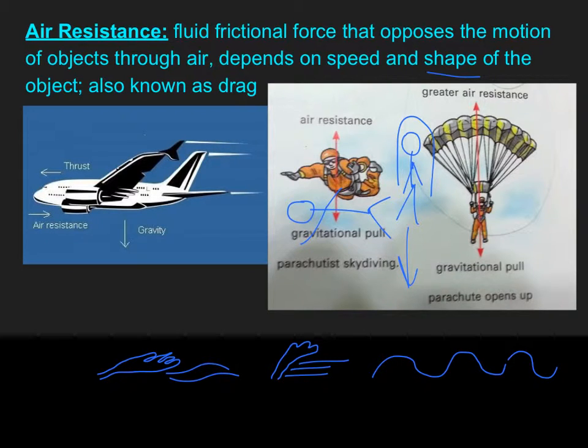And then even more air resistance when you open your chute, because this is all, of course, designed to catch a lot of air to increase the amount of air resistance. So it's really important to remember that this is a force. So air resistance is, in fact, a force. It is the upward push of the air on whatever object is falling.